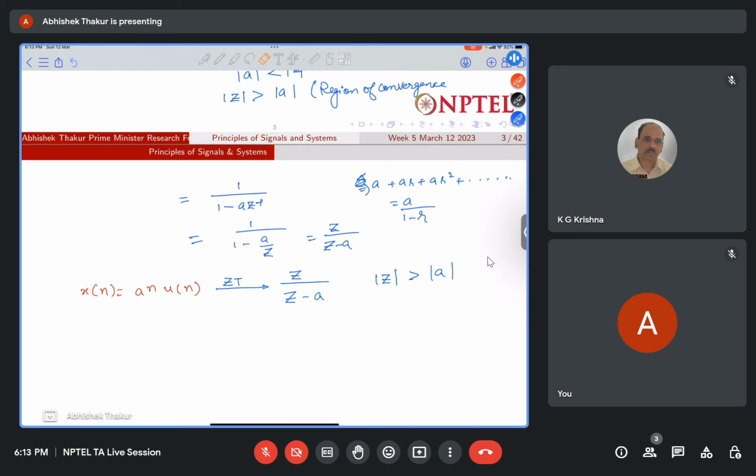In this case, let's suppose this is a, and let's draw a circle so that the magnitude of z is greater than a. So this area is the ROC of this Z transform. This was a simple example which was also done in the classroom, and we'll also see some other examples.